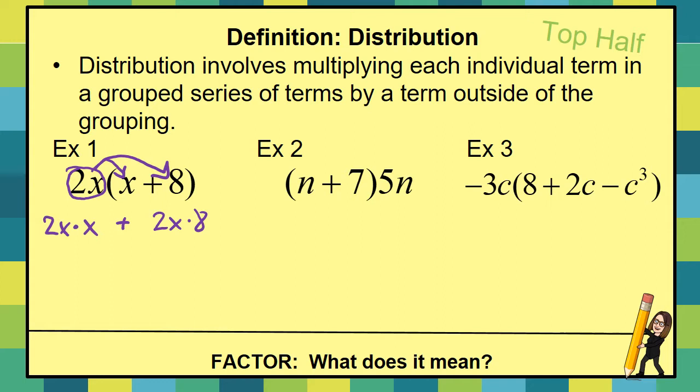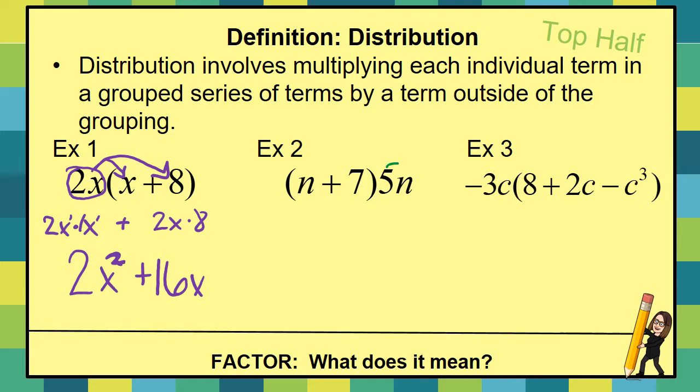If I have a 2x times a 1x, I have a 2x squared. Remember, when multiplying bases, we add the exponents. So this is different than adding and subtracting. We're multiplying, so be careful. I then have a 2x times an 8, which is a 16x.